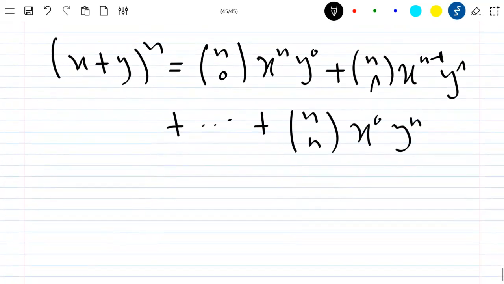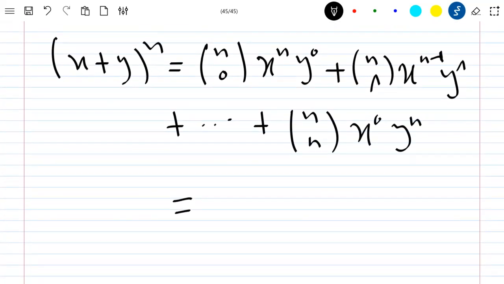So that's what we write as this summation, the sum for k from 0.